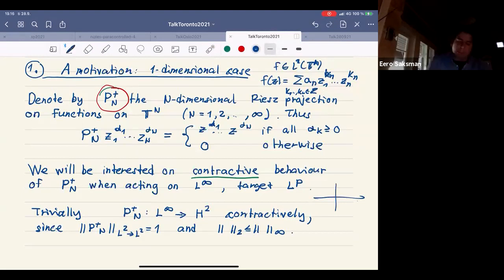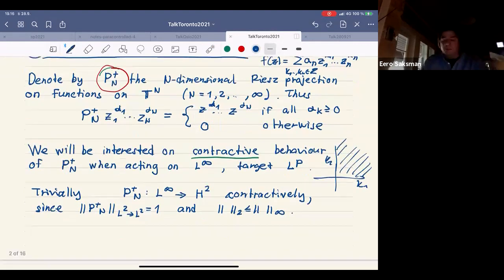Okay. Now what we are asking is whether this projection could have a certain behavior. It sounds like a slightly weird question. And it's clear that P_+^n maps L^2 into L^2 contractively.